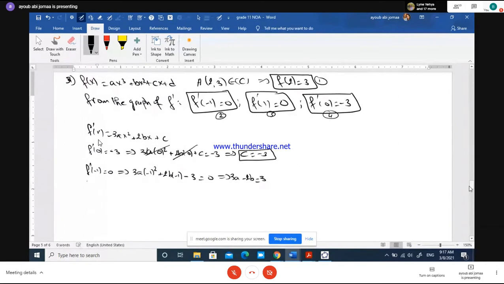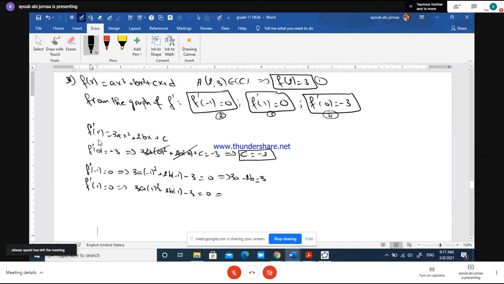And f prime of 1 is equal to 0. That means 3a times 1 squared plus 2b times 1 plus c, which is -3, is equal to 0.